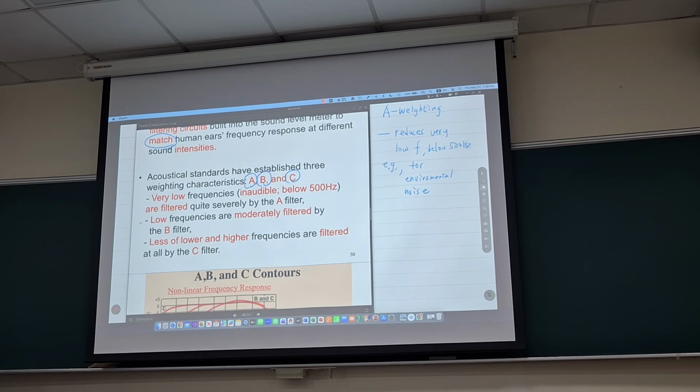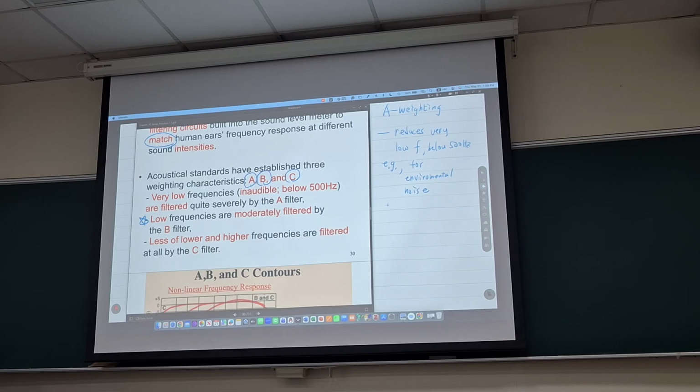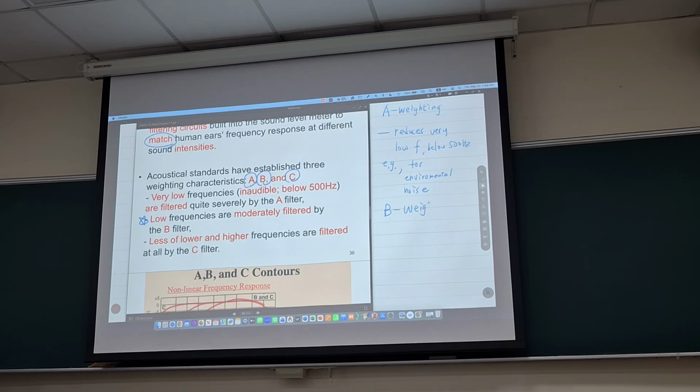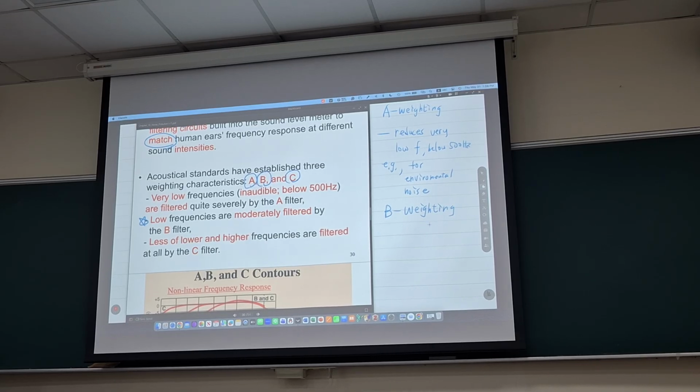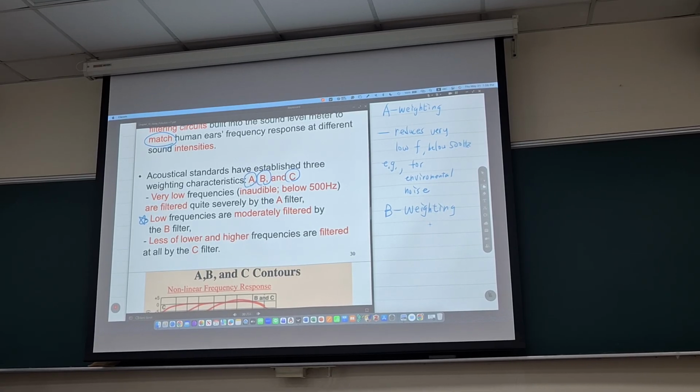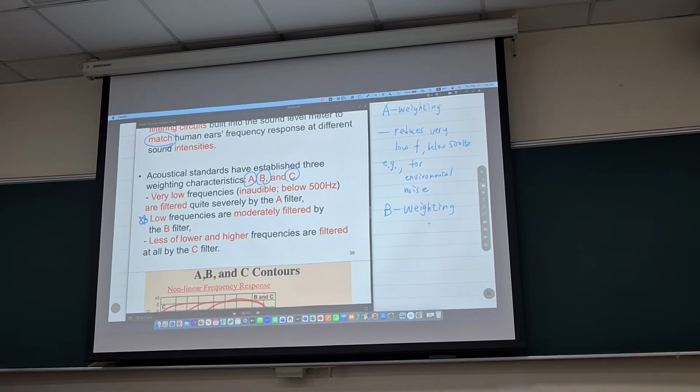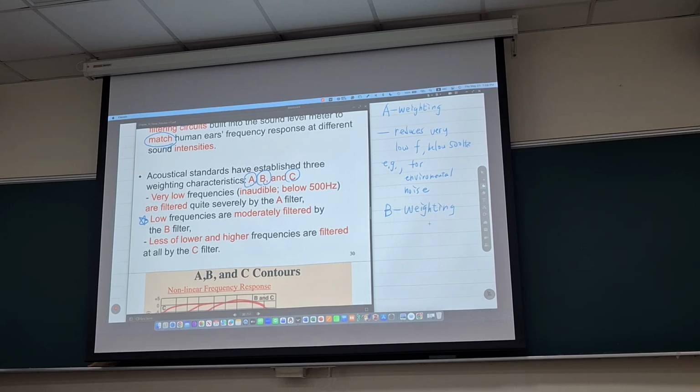And what we normally use is the B filter. The B filter is what we commonly use. The B filter tries to reduce moderately, that means in the medium, not too low, not too high.